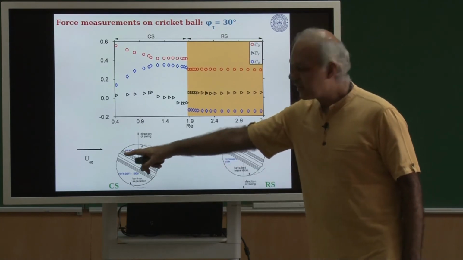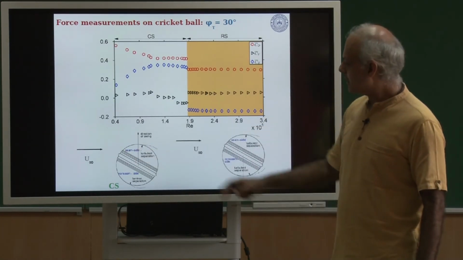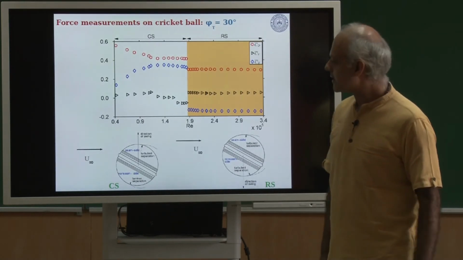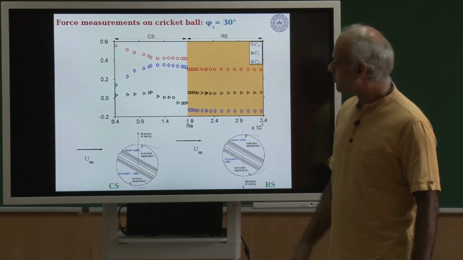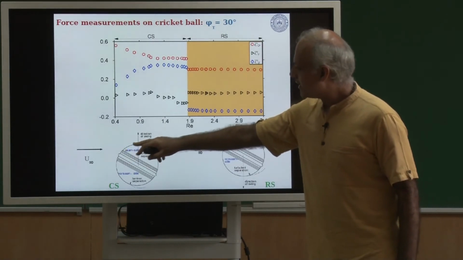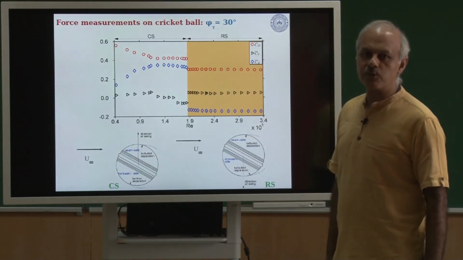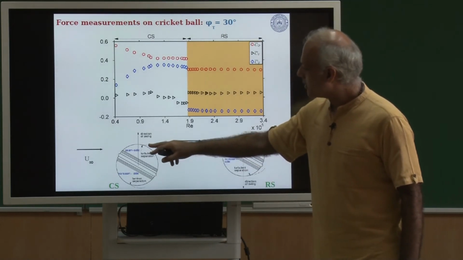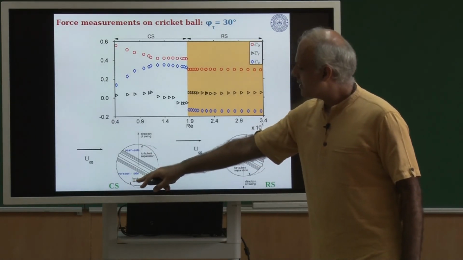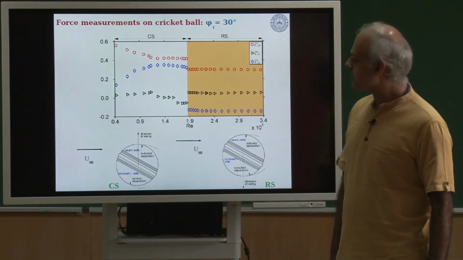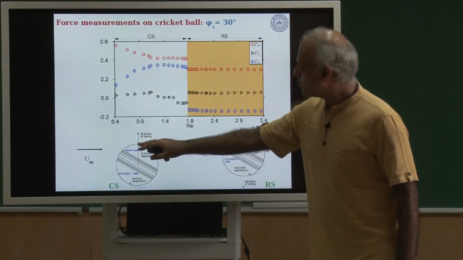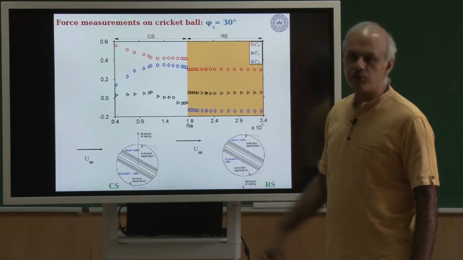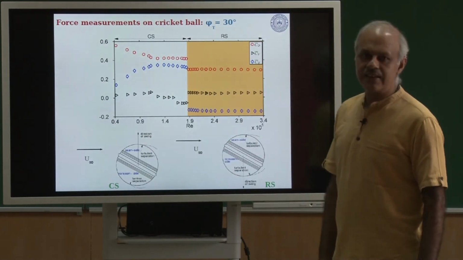If there was no seam, then this boundary layer would also be laminar, but it has been disturbed by the seam, the roughness, and therefore it becomes turbulent, and therefore it separates at a much more downstream location. Okay. So you get turbulent separation on the upper surface, laminar separation on the lower surface, thereby you get more suction on the upper surface, and there is a force in the lateral direction that gives rise to swing.